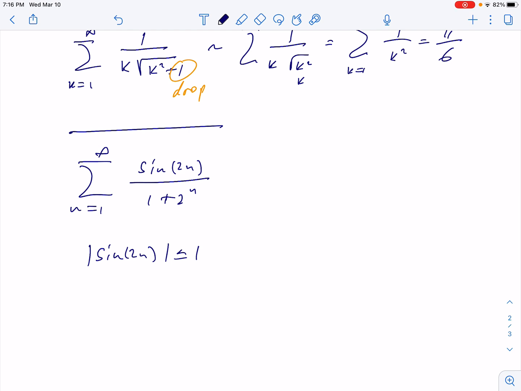I shall take the general term, a sub n in absolute value. This is sine 2n in absolute value over 1 plus 2 power n. We don't need absolute value for the denominator, it's positive. And this will be less or equal 1 over 1 plus 2 power n.